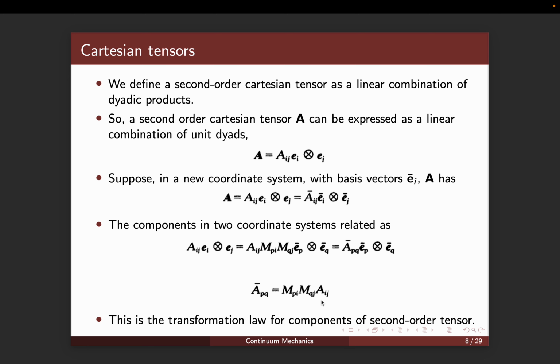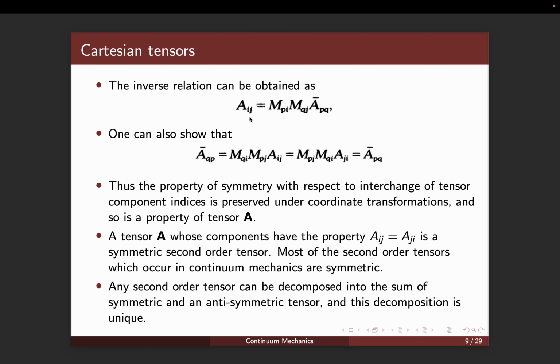The interchange of indices here, like A_ij, we can show that A_qp and A_pq are all the same. So the interchange of indices is preserved under coordinate transformation.